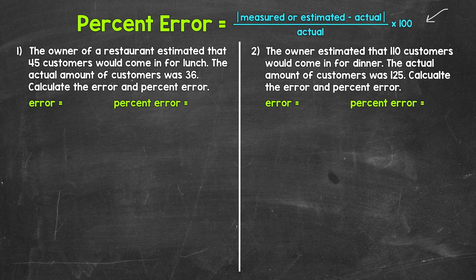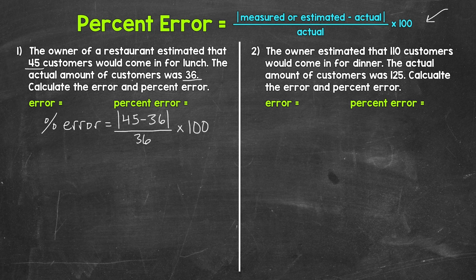So let's set this up for number 1. We have percent error equals the absolute value of the estimated value, that's 45, minus the actual value, that's 36, divided by the actual value, so again, that's 36, times 100.